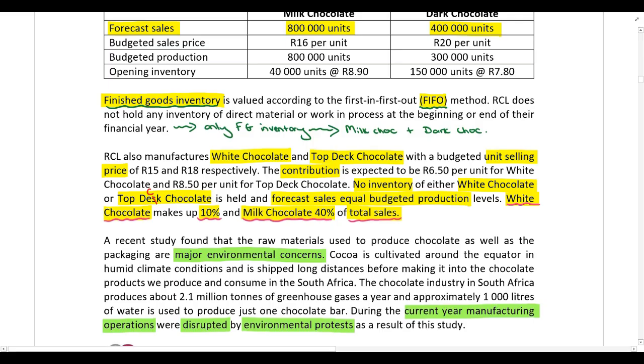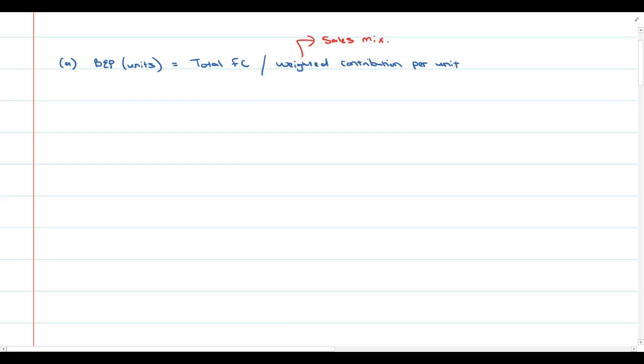We know that they expect to sell 800,000 units of milk chocolate during the next financial year. And you've now been specifically told that that is 40% of total sales. So using that, we can work backwards to calculate what total sales are for all 4 products. So let's start with that calculation.